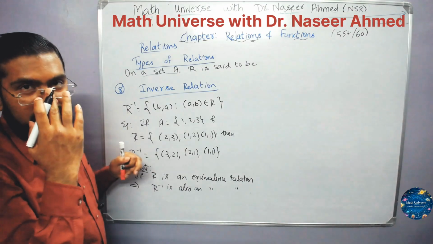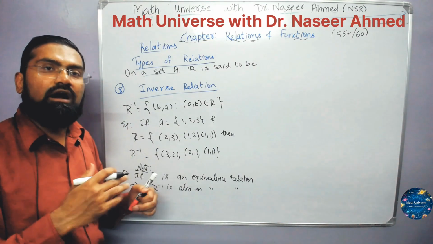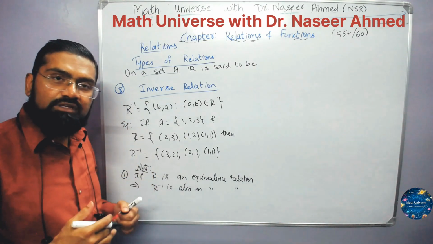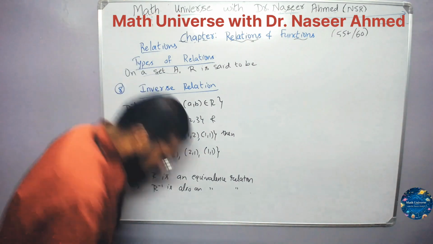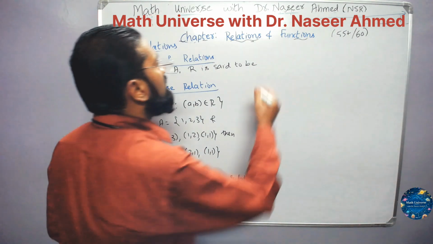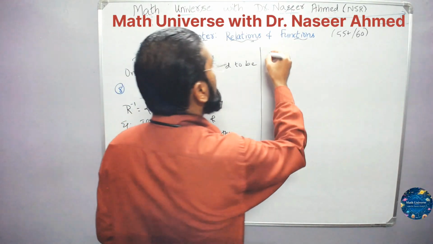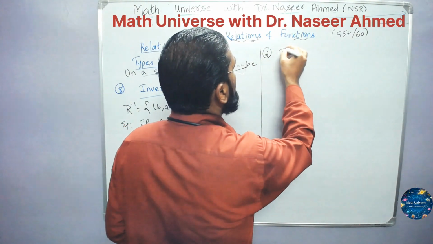Nothing but if R is reflexive, R inverse also will be reflexive. If R is symmetric, R inverse also will be symmetric. If R is transitive, R inverse will also be transitive.